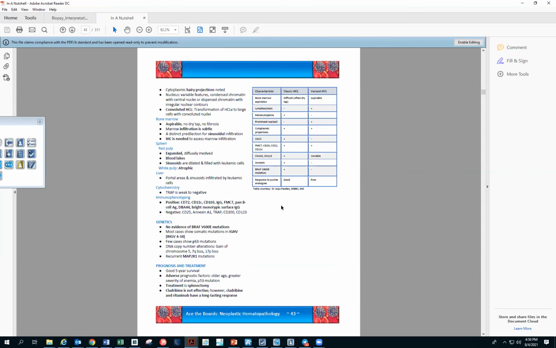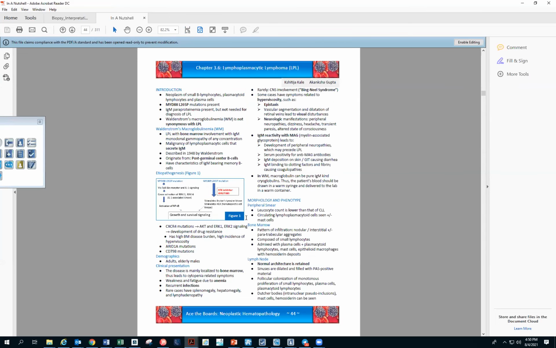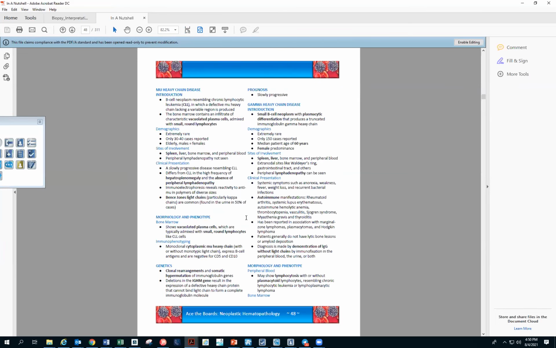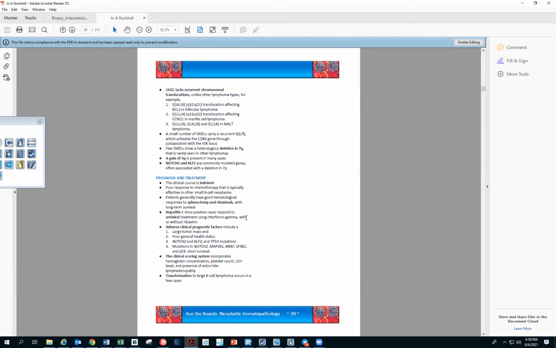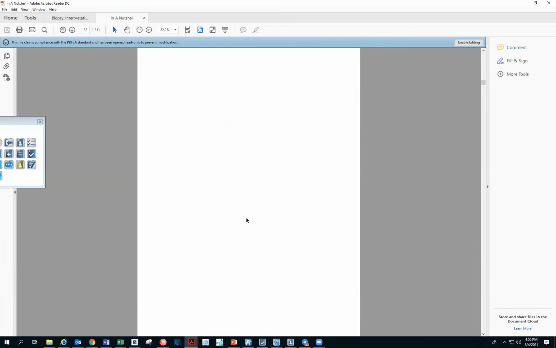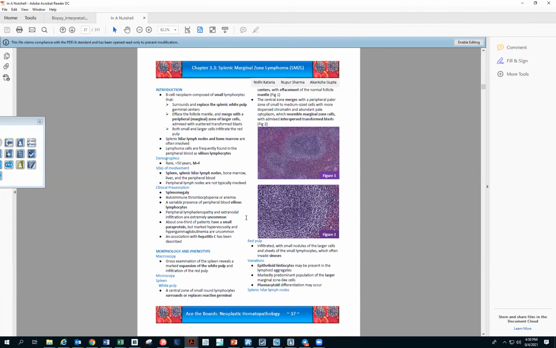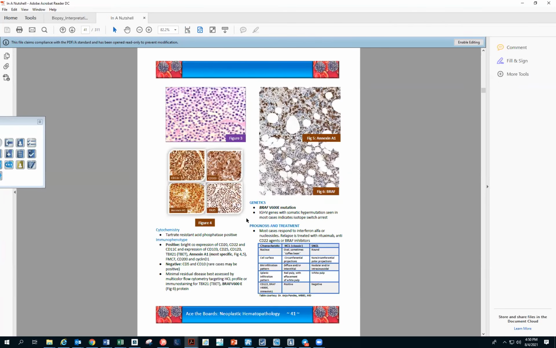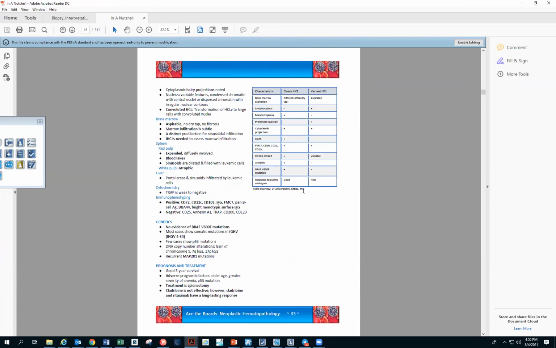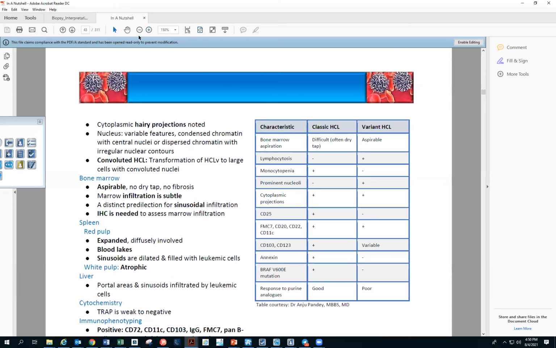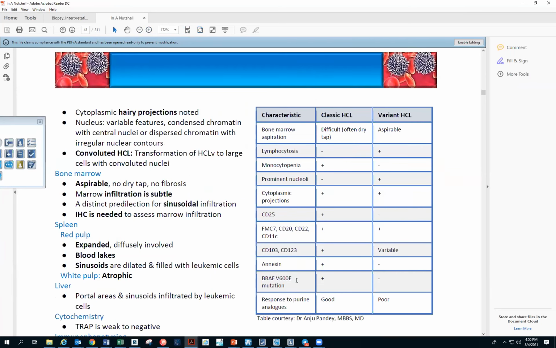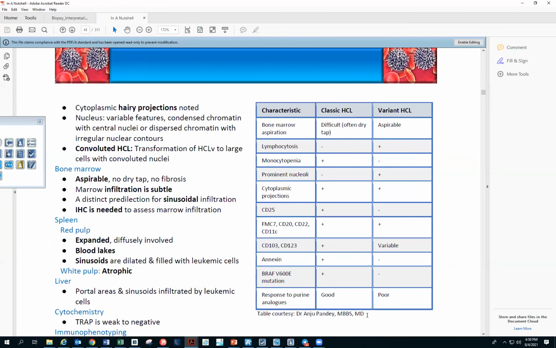So they have this classical hairy cell and variant hairy cell. And I thought Kshitija also made, I think it would be in splenic marginal zone maybe. No. It was a big chart. Let's read about the variant and the classic first. So bone marrow dry tap, let me enlarge it, it's very small. So this is actually from Anju.